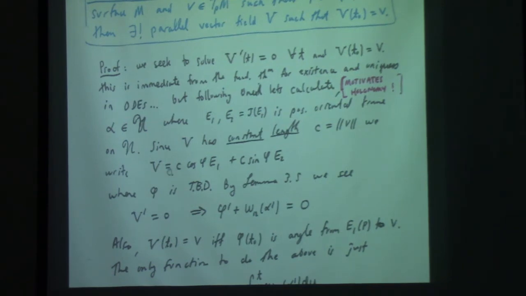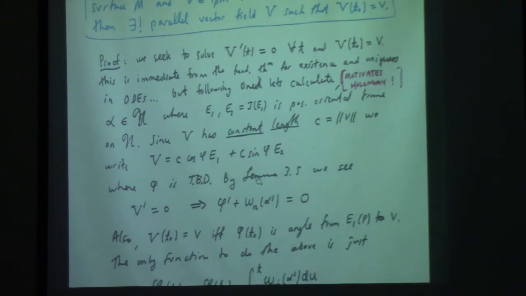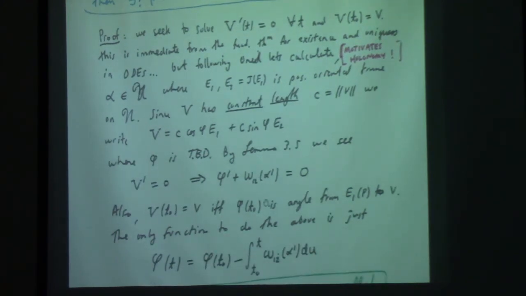So there's the formula. Now, we also know that V prime is 0, right? So V prime being 0 implies that phi prime plus omega 1 2 alpha prime must be 0 because of the definition of covariant derivative, and also by lemma 3.5, which was that jy thing. So we have phi prime plus omega 1 2 alpha prime equals 0.